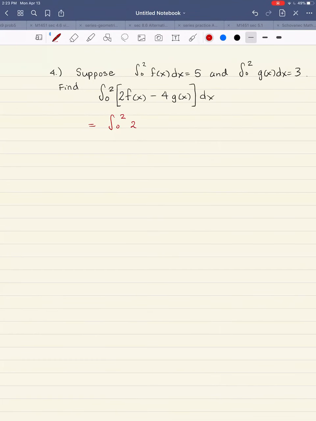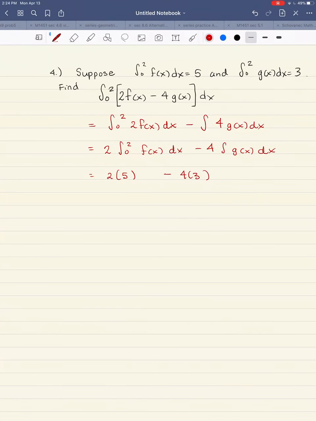I can rewrite this as two separate integrals. And we can pull constants out. Then we have the values of each of those integrals. This should be 2 times 5, and g of x was 3, minus 4 times 3, and so we get 10 minus 12 is -2.